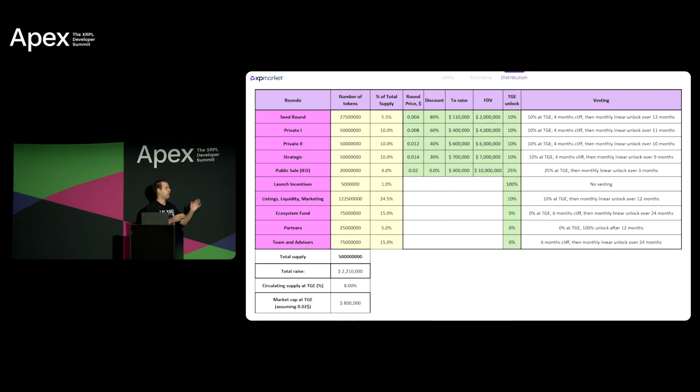Then we divide our allocations based on where the tokens will go. Obviously, in a private token sale, we are distributing these tokens to private investors. And each of those have their own prices and rounds. They're based on the time. So obviously, someone invested in our token early last year, and they were exposed to the most risk when there was no platform, just an idea.